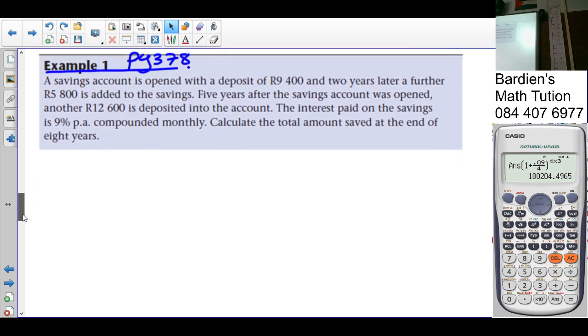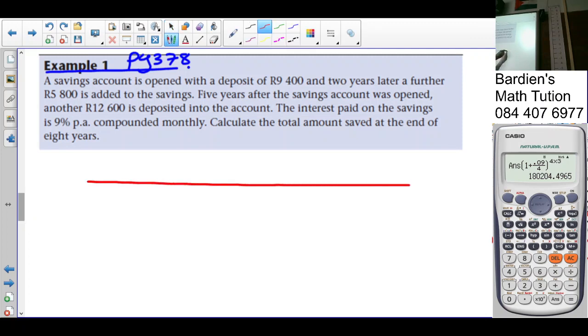This is the first example 1 on page 378. So we are told that the savings account is opened with a deposit of 9,400 Rand and 2 years later. So what we do is draw a line. So here we put T0.